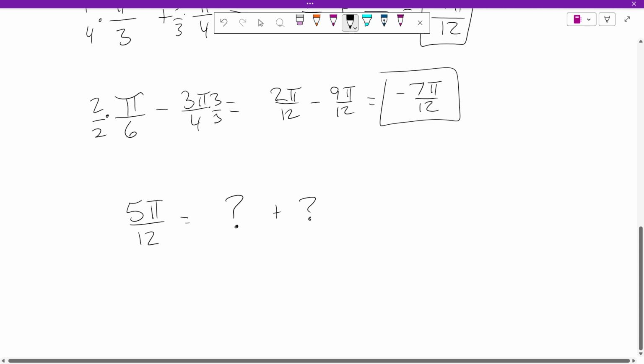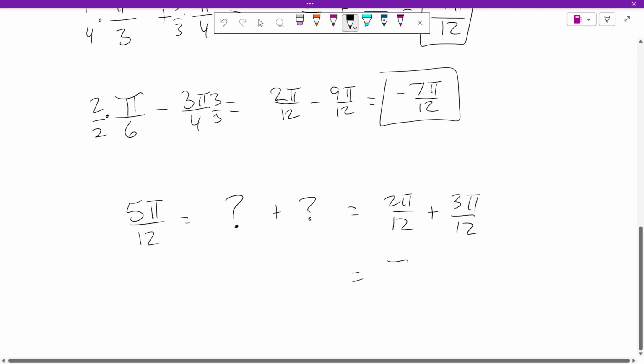Now, is there on your unit circle somewhere a 1 pi over 12? Do you see pi over 12 on there? No, I don't see a pi over 12 on your unit circle. Is there a 2 pi over 12 on there? Yep, because pi over 6 is 2 pi over 12. So 5 pi over 12 is basically 2 pi over 12 plus 3 pi over 12, right?